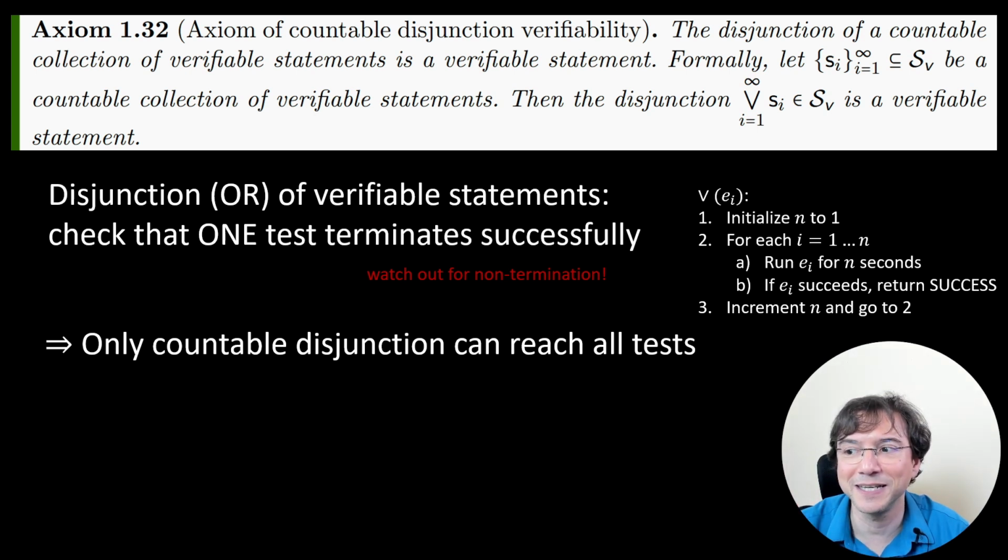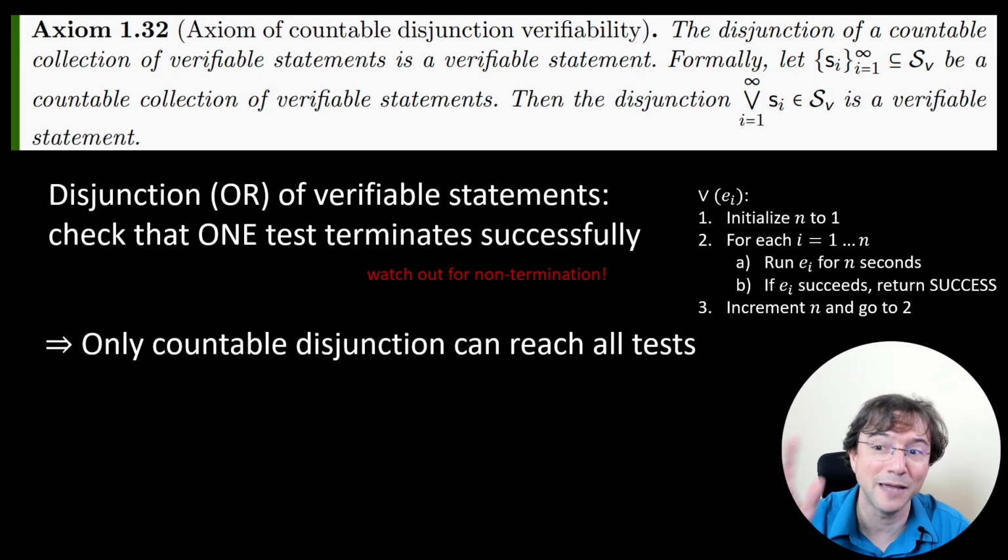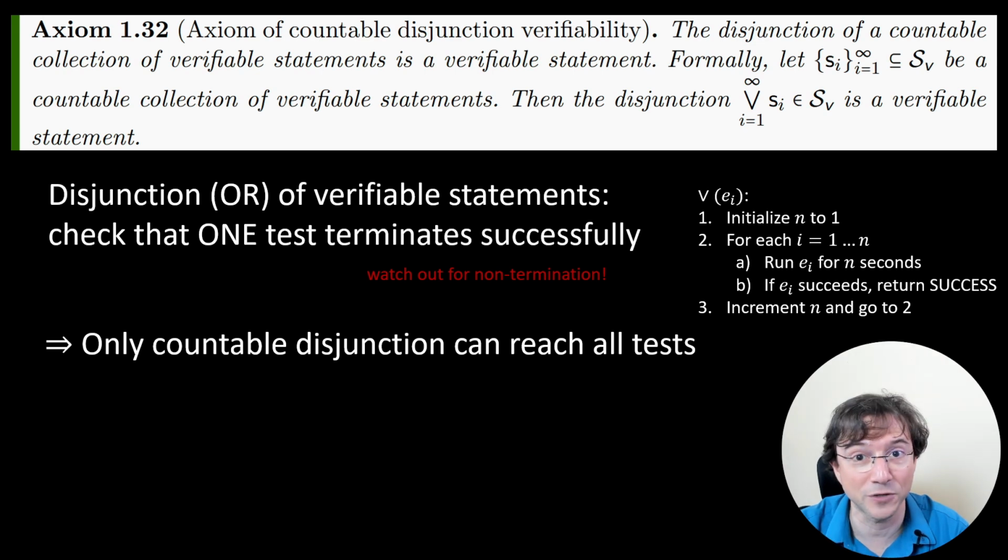The strategy is, if you do this, at some point you're going to run all the tests for an arbitrarily large amount of time. So if one of the tests is going to succeed, then you're going to find it and run it long enough to be able to succeed. So you're guaranteed that if one of the tests terminates successfully in finite time, you're going to find it, run it for sufficiently long, and be able to terminate.